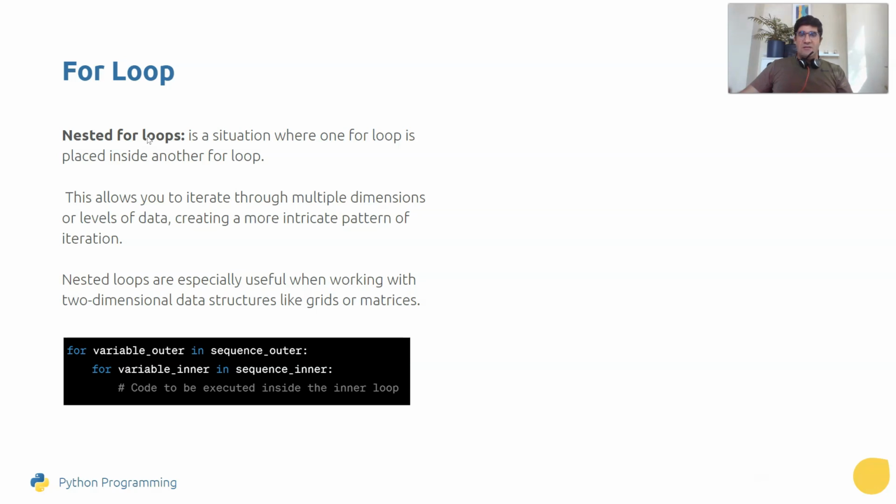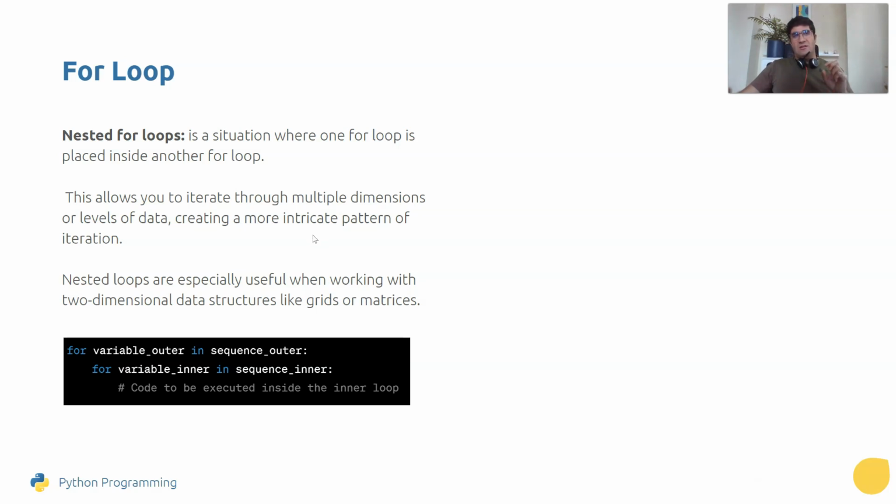Such as a conditional statement or if statement, if you remember, we can have nested loops as well. Nested loops are a situation where one for loop is placed inside another for loop, and this allows us to iterate through multiple dimensions or levels of data, and it is really a great way of creating sophisticated patterns of iteration.